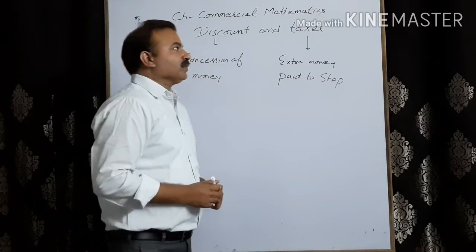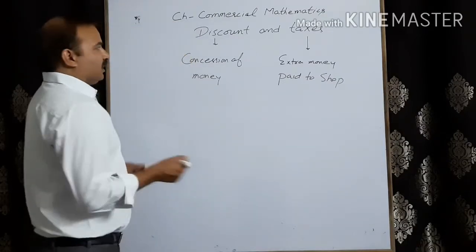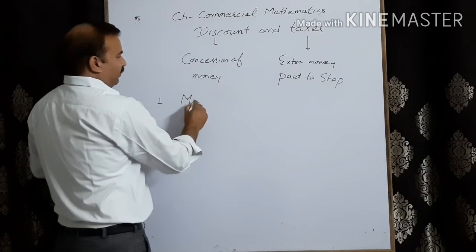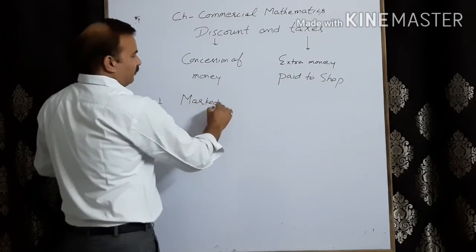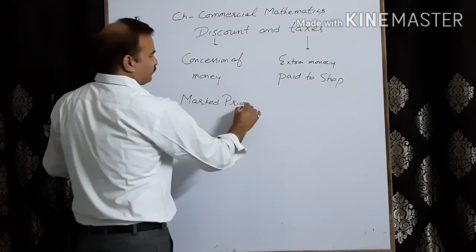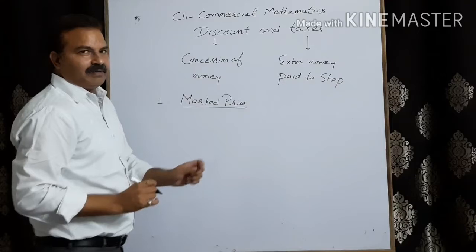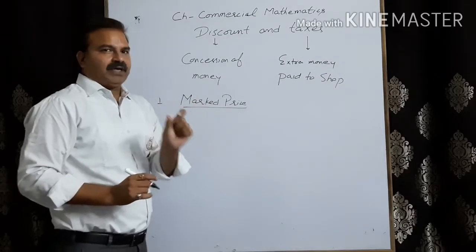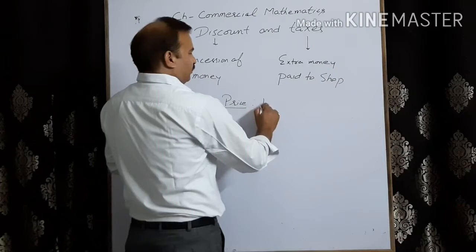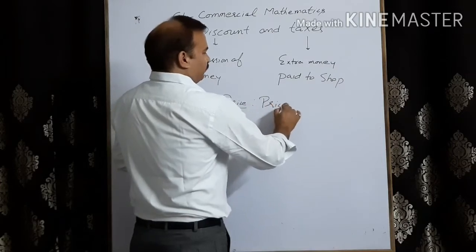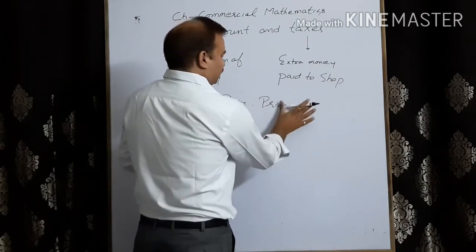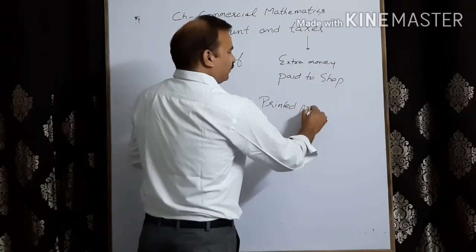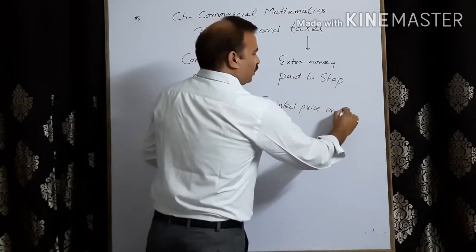Now there is one more thing, that is a marked price. What is marked price? As the name suggests, marked price is the price which is printed on any particular object, or simply say the printed price on the object.